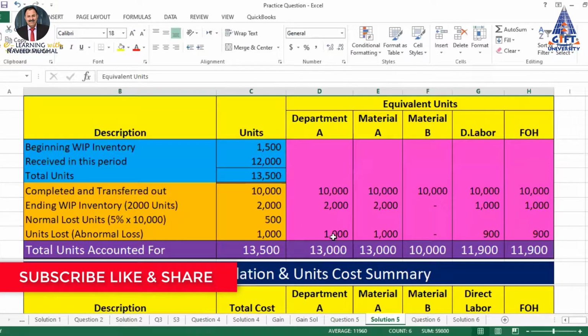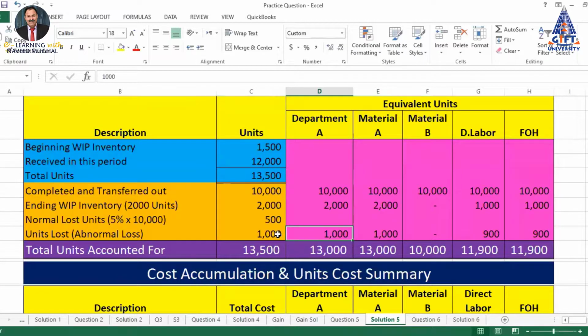For the abnormal loss, we have 1000 units which were lost abnormally, and those 1000 units had consumed department A cost totally. That's why they were 100% completed as to department A. So 1000 multiplied by 100% would be 1000. With respect to material A, those were also 100% complete because that material was added at the start of the period.